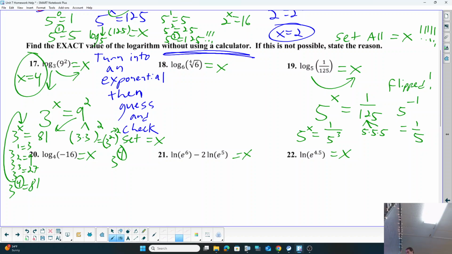Then we want to flip it, so we bring it up and make it negative: 5 to the negative 3. Now we know x equals negative 3, because 5 to the x equals 5 to the negative 3. Technically you don't have to do this, but log base 5 gets rid of base 5. So negative 3 is our answer.